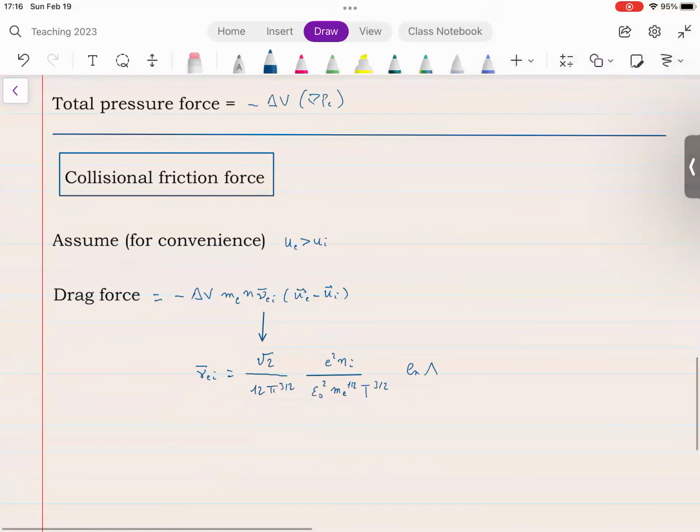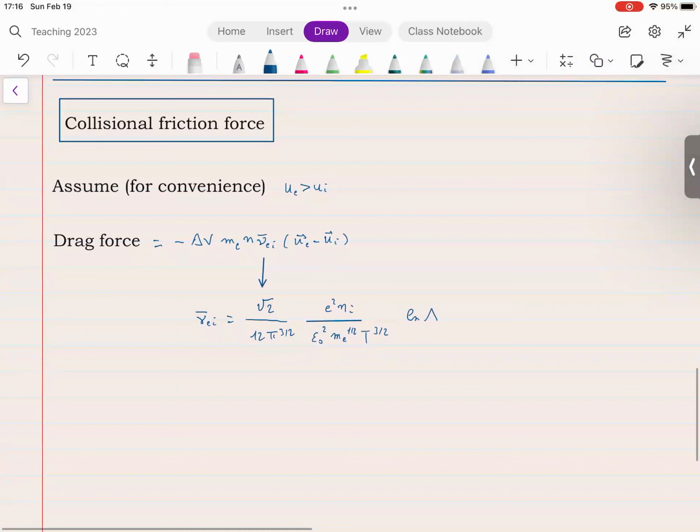You probably remember this expression or something like this. It's in our textbook too.